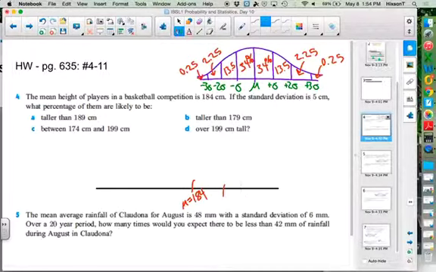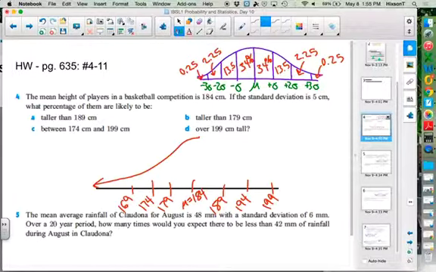So here's 1, 2, 3 standard deviations, and you just count up by 5: 189, 194, 199. Then you go 1, 2, 3 standard deviations to the left: 179, 174, 169. And there's your bell curve on the left, bell curve on the right.